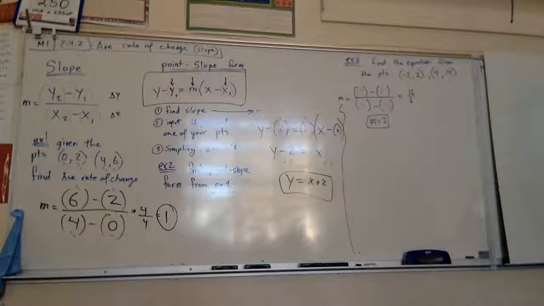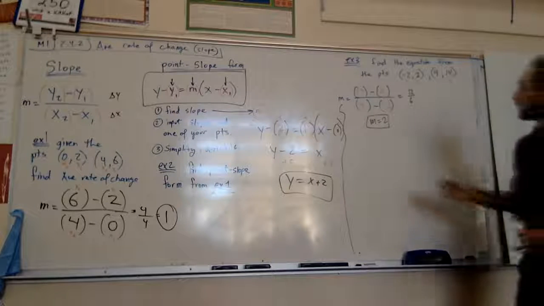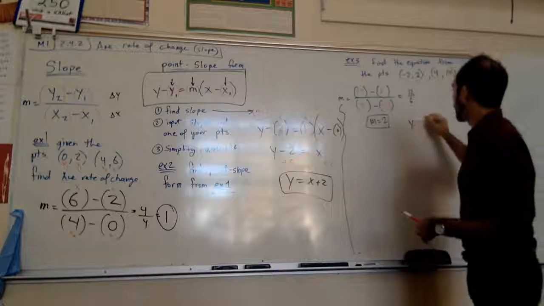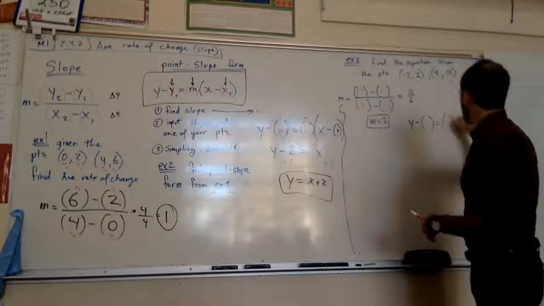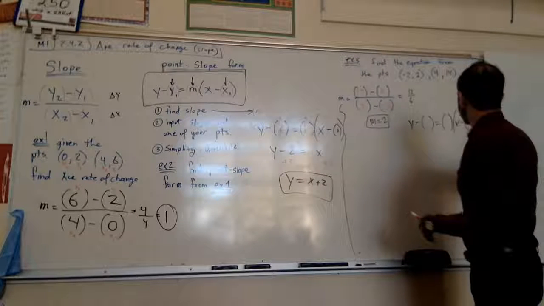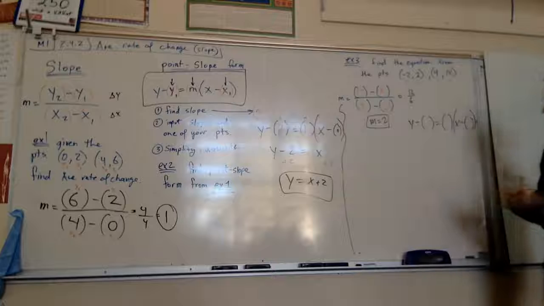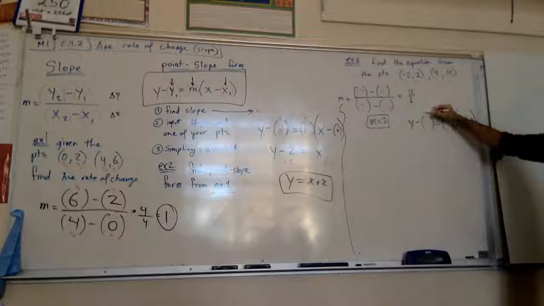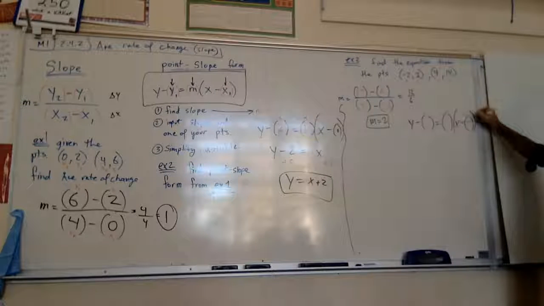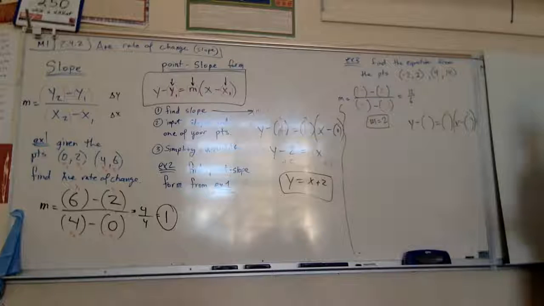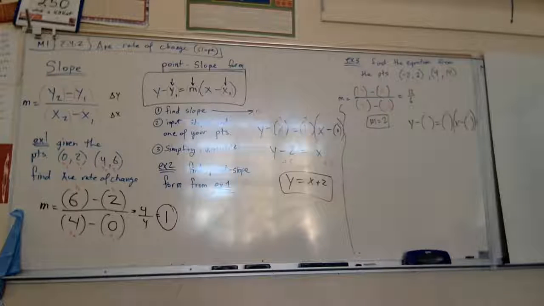Find your slope. And then I'm going to bring this over: y minus, x minus. So we're putting in a y sub 1, an m, and an x sub 1. Go ahead and input that. See if you can simplify it quick.